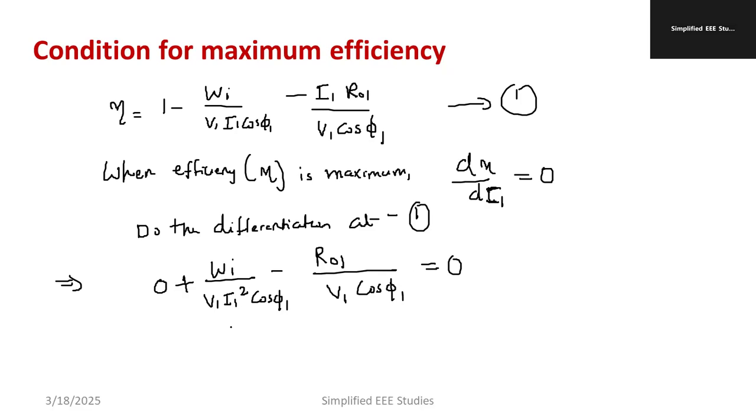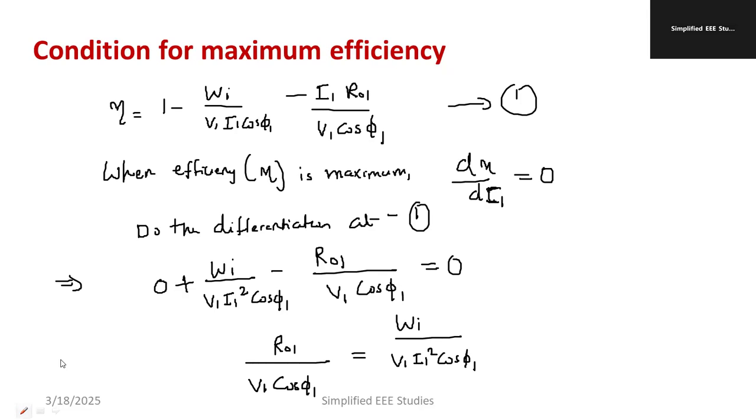Try to adjust the terms. We write R01 divided by V1 cos phi 1 equal to Wi divided by V1 I1 square cos phi 1.